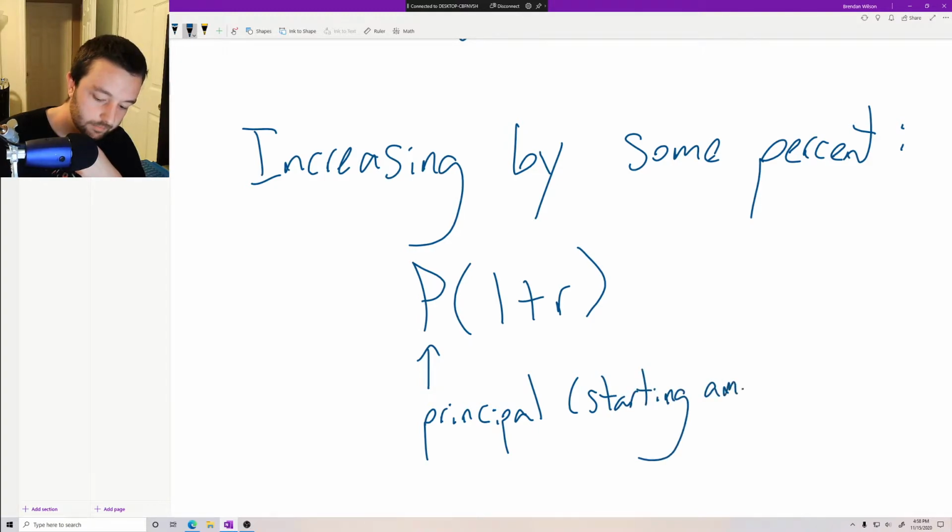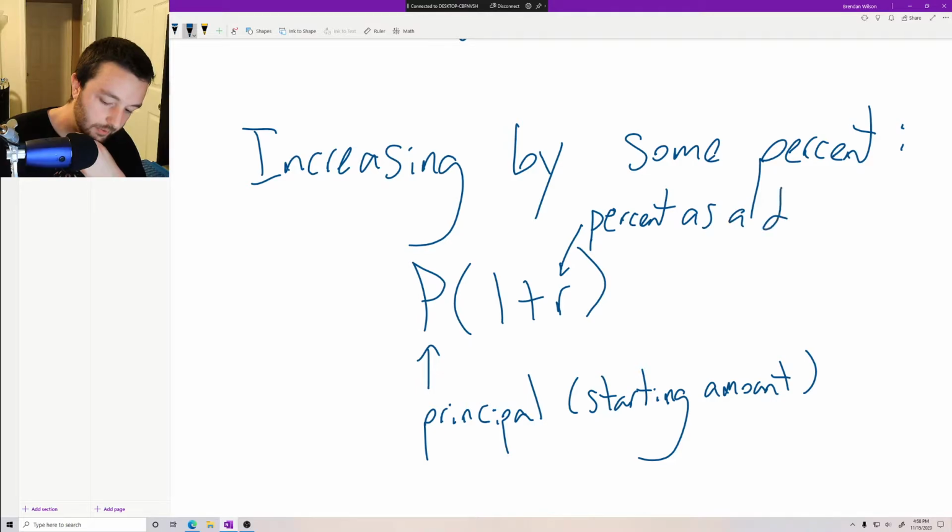Okay. And then this R is our percent as a decimal. Okay.